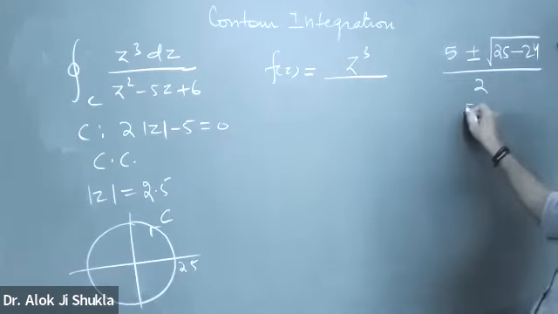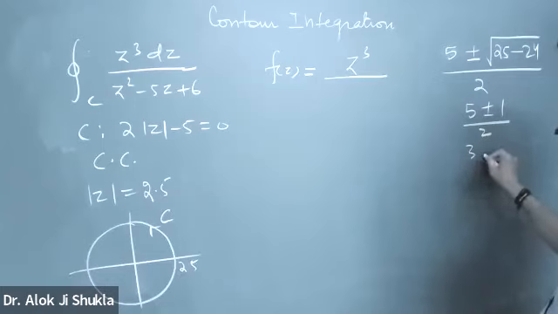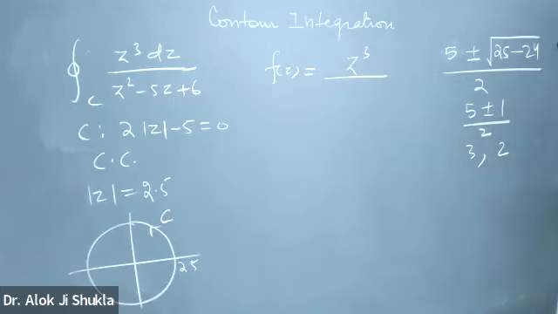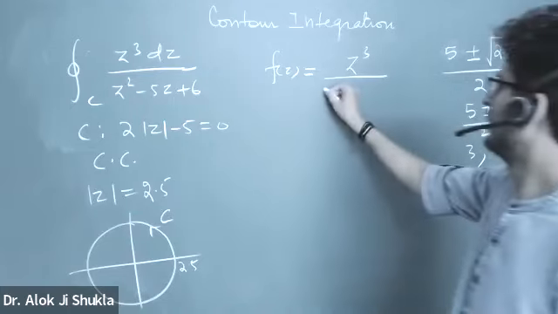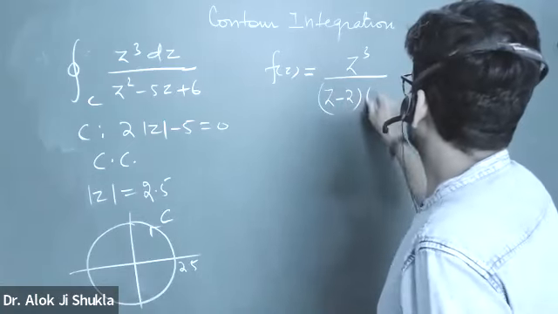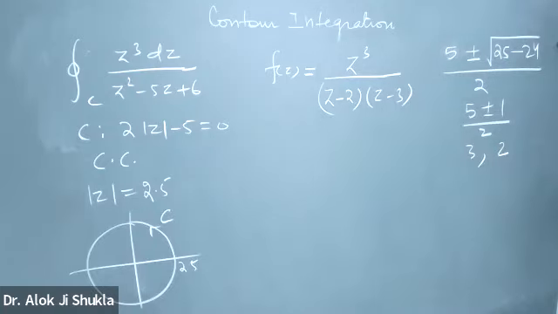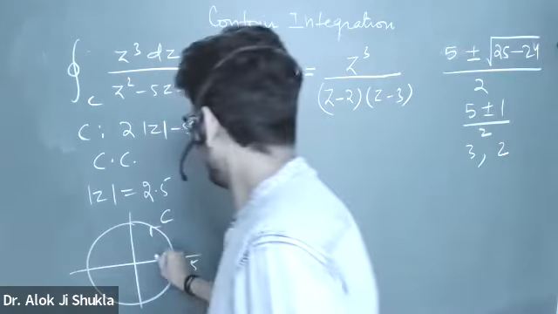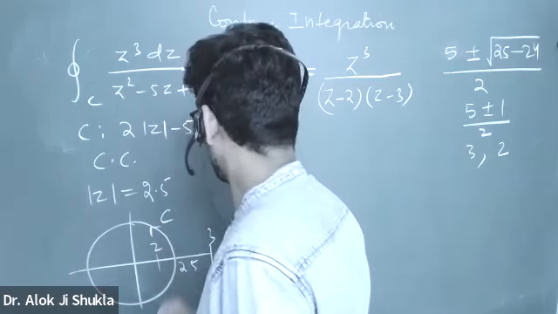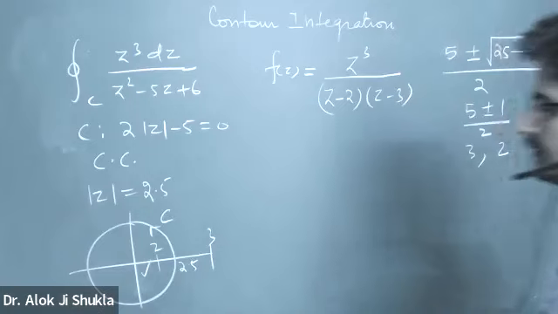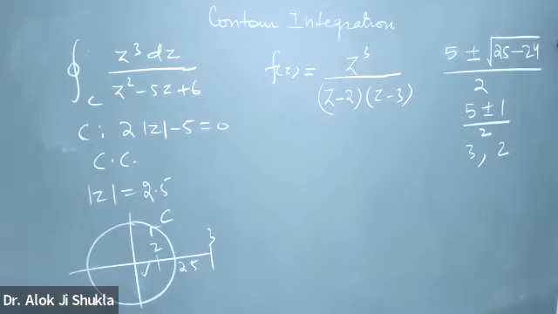So it will become 5 plus minus 1 by 2. So it will become 3 and 2. Correct? Yes, sir. 3 and 2. So it will become z minus 2 and z minus 3. Okay, so 2 will be here and 3 will be here. So only 2 will be considered because 3 is outside the contour.